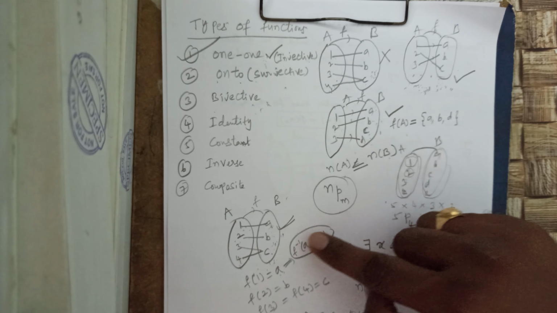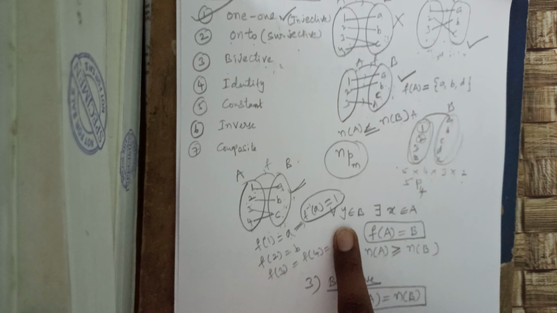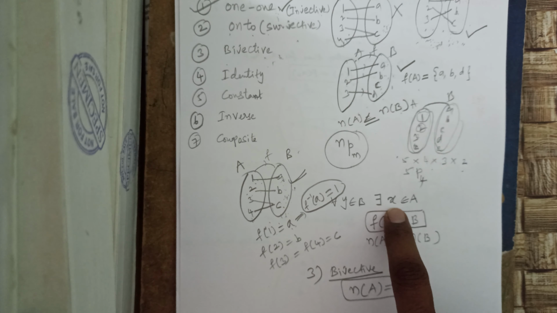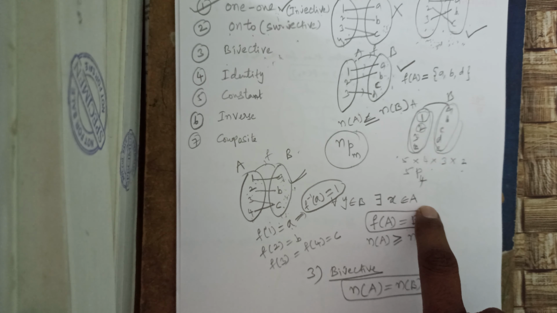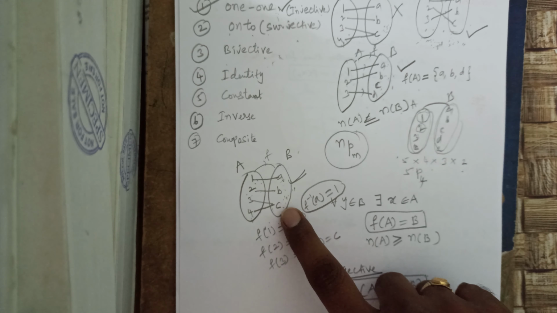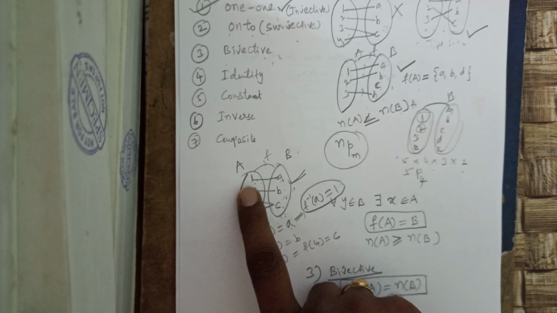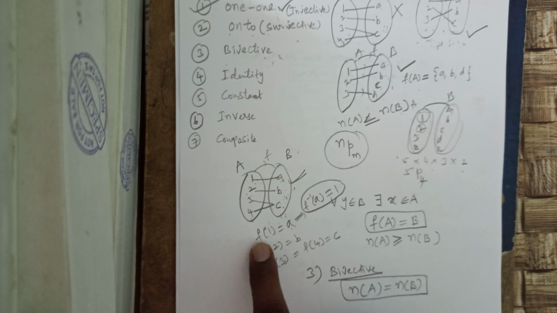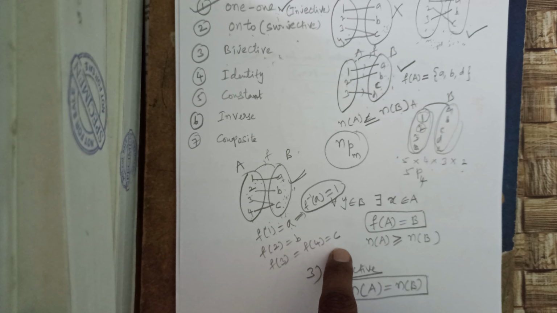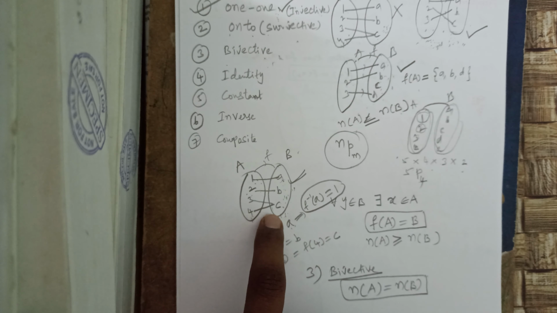Onto means for every element y belonging to B, there exists at least one pre-image x belonging to A such that f of x equals y, meaning range equals codomain. If you observe this, what is the codomain? A, B, C. Range is also A, B, C. What is the image of 1? A. So f of 1 equals A, f of 2 equals B, f of 3 and f of 4 equal C. So it is onto.